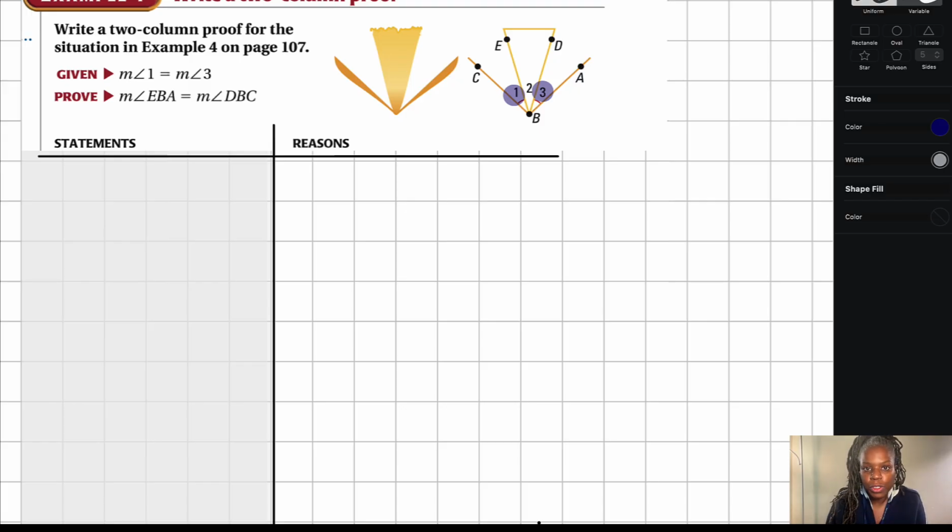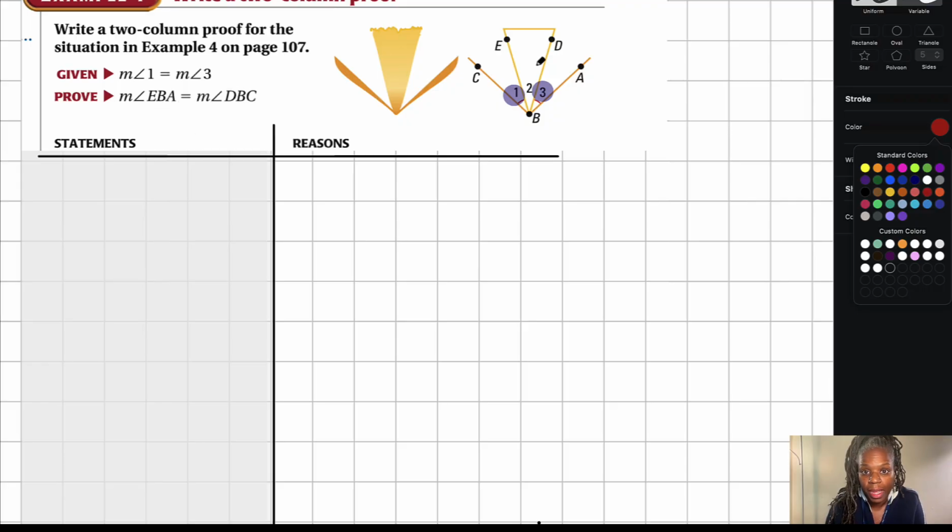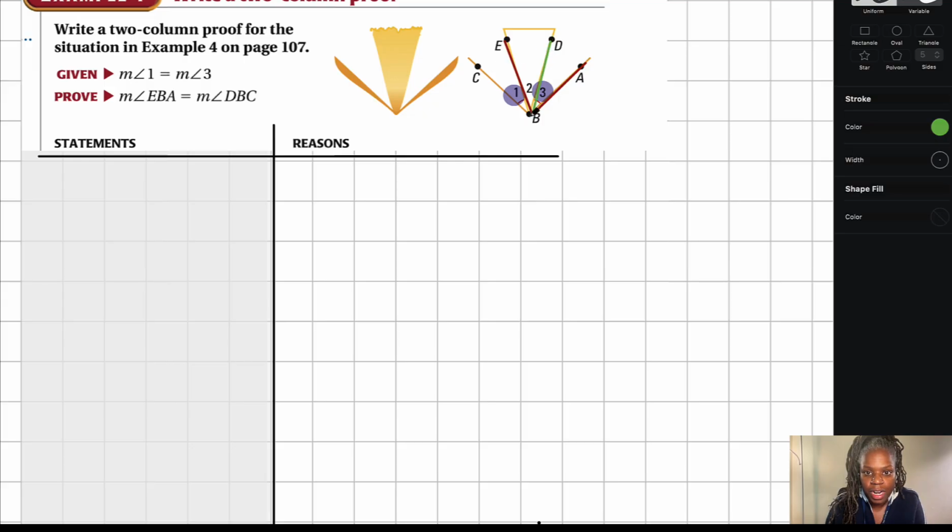The next thing we're figuring out is whether or not we can say the measure of angle EBA, let's highlight that by tracing that angle, EBA. Notice EBA includes angle 3 and angle 2. We want to see if EBA is congruent to or is equal to angle DBC, and that's this one that I'm tracing in green.